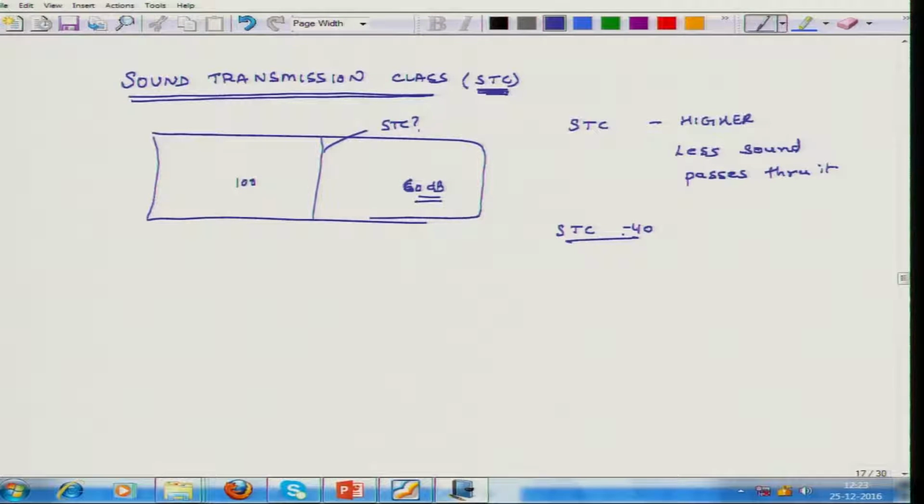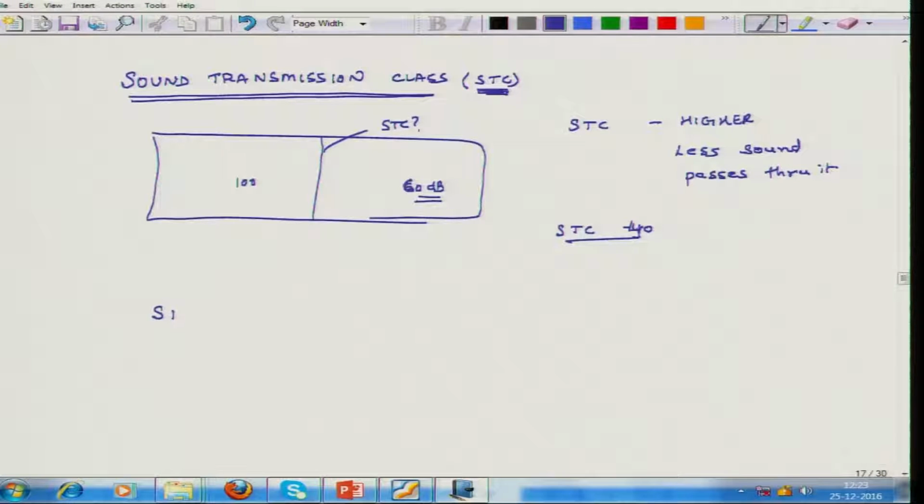But in a broad sense, like in Hindi, mota mota, an STC rating of 40 corresponds to how many decibels sound can go down as it gets transmitted through that particular partition.